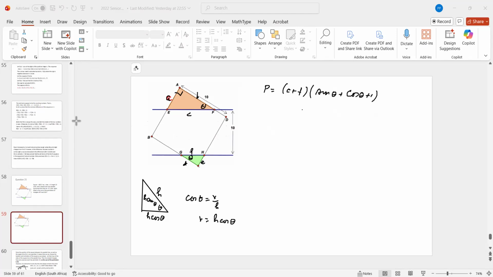I'm going to draw a line from here, drop a perpendicular here, right? And then, in fact, I'll go all the way down. And I'm going to calculate the sum of these two.